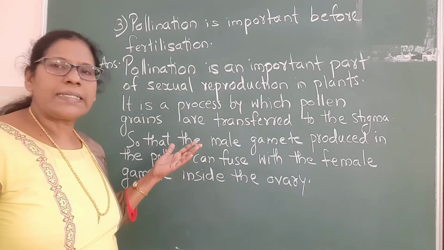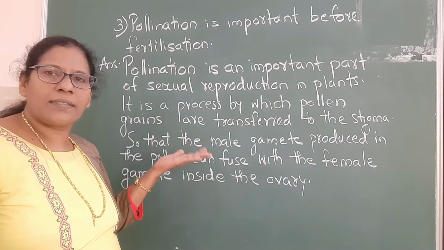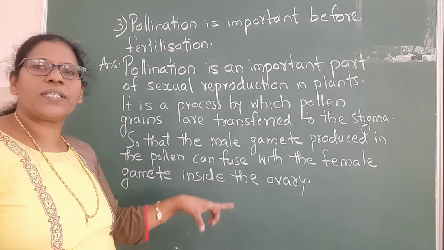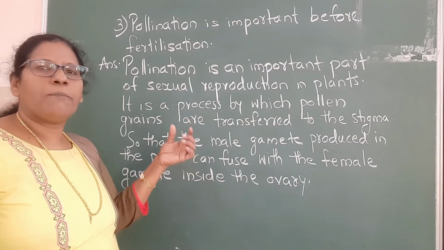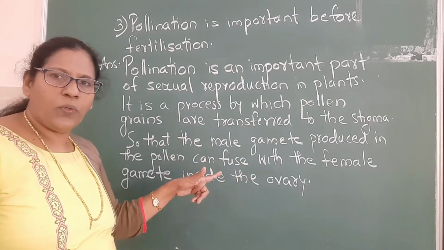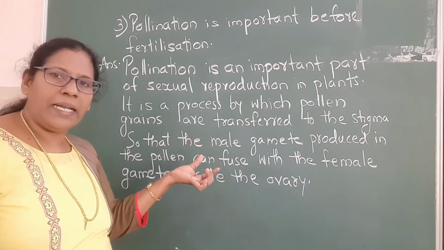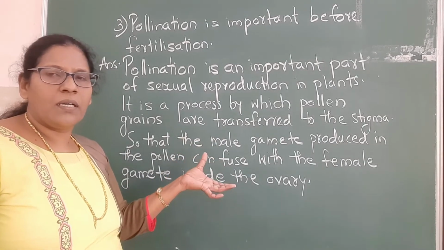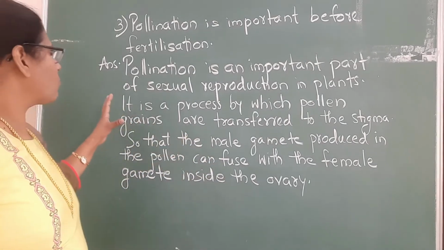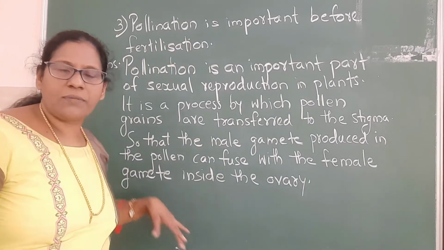Once the pollen is on the stigma, the pollen grain starts germinating and a tube-like structure grows downwards through the style, and through that tube the male gamete passes and comes to the ovary. Inside the ovary is the ovule, and inside the ovule there is the female gamete. There it fuses with the female gamete and fertilization takes place. That is what we studied. So pollination is important before fertilization.